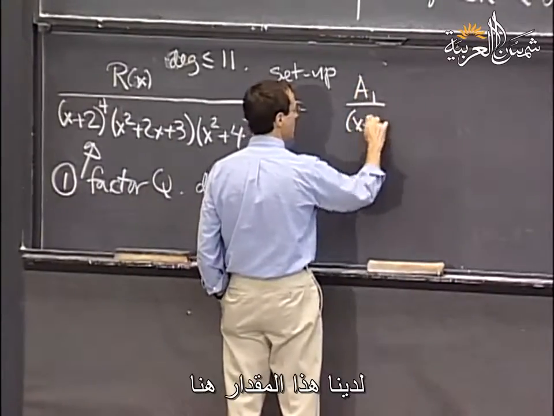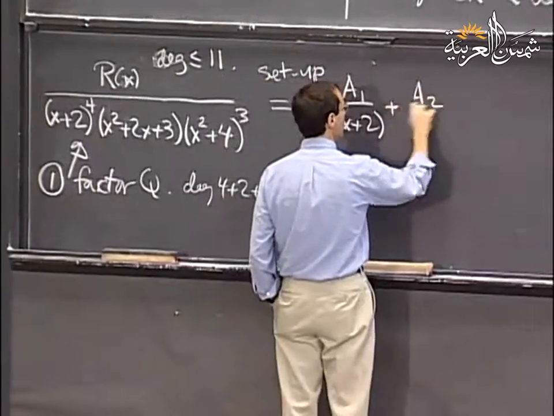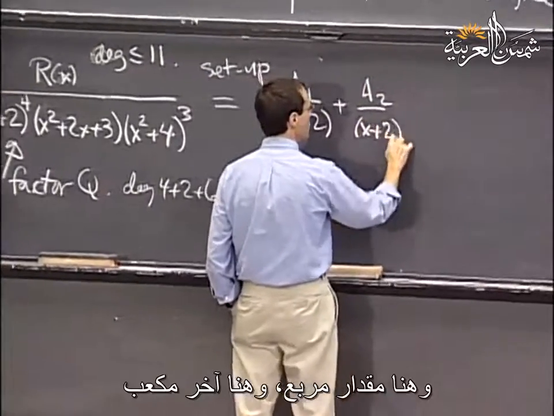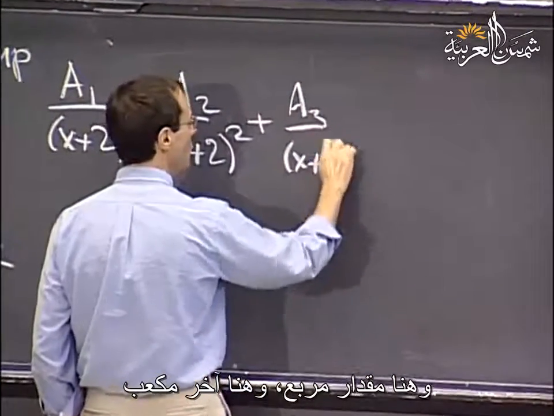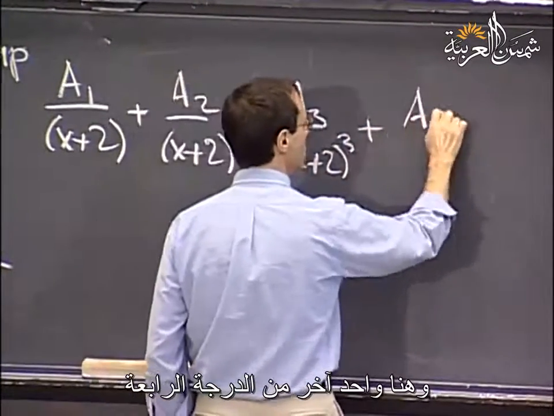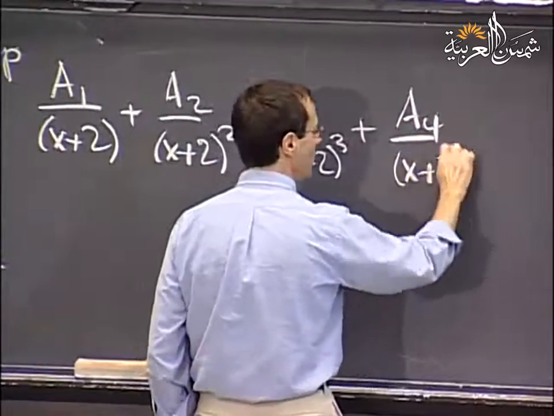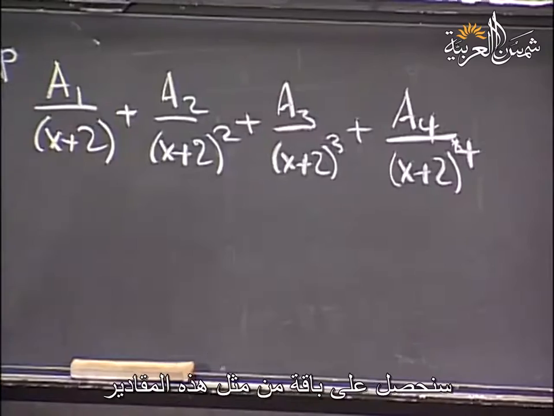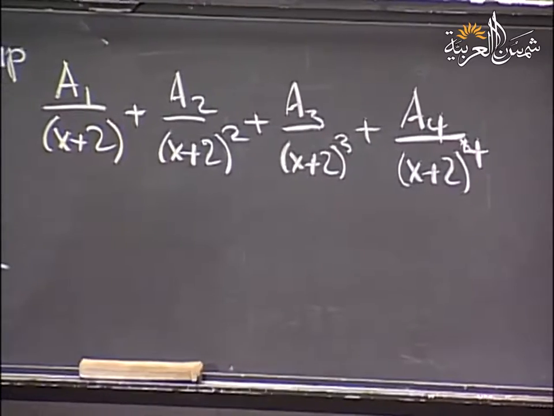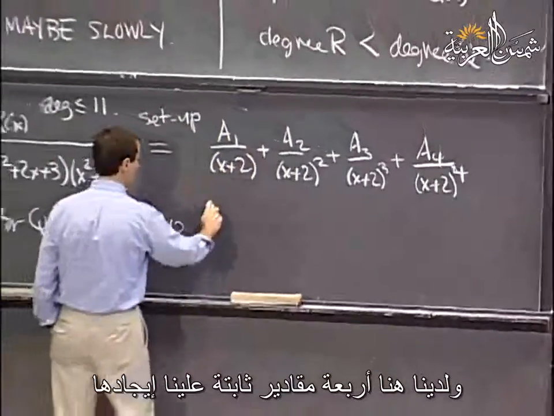We have this factor here. We have another factor. We have another term with the square. We have another term with the cube. And we have another term with the fourth power. So this is what's going to happen whenever you have linear factors. You'll have a collection of terms like this. So you have 4 constants to take care of.